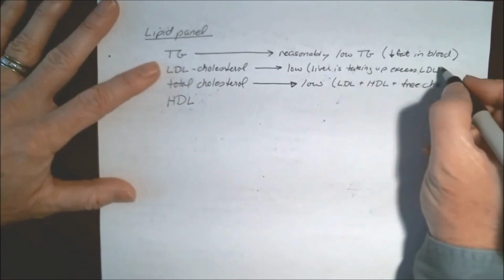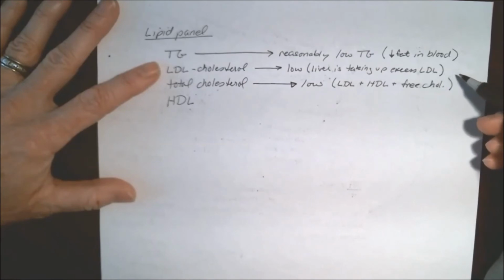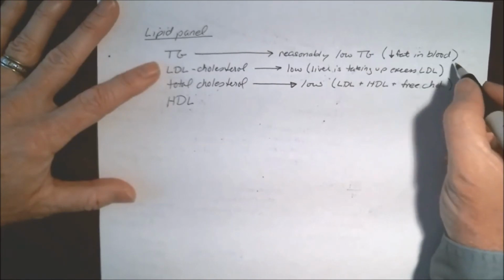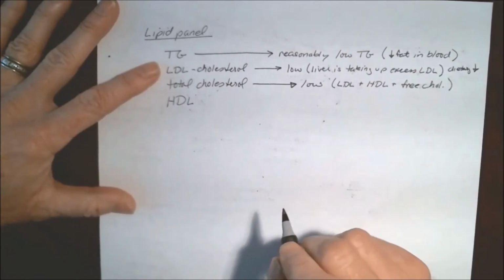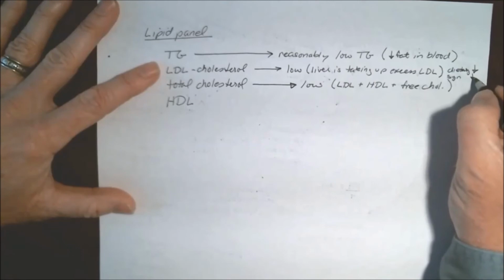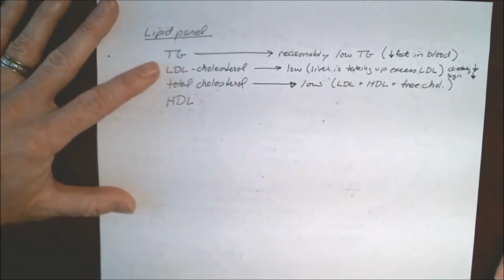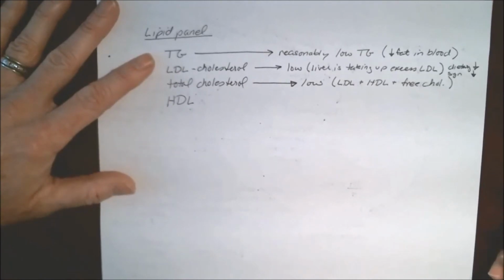And it's also an indication that your dietary cholesterol is low, and also your hepatic synthesis is low, which means that you are maintaining a proper cholesterol balance in your body.